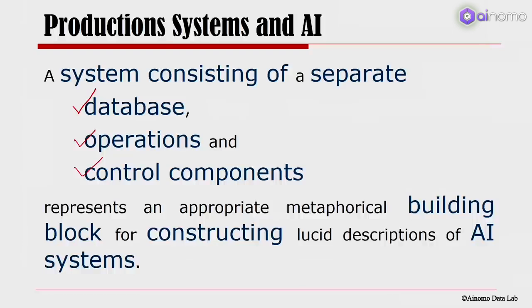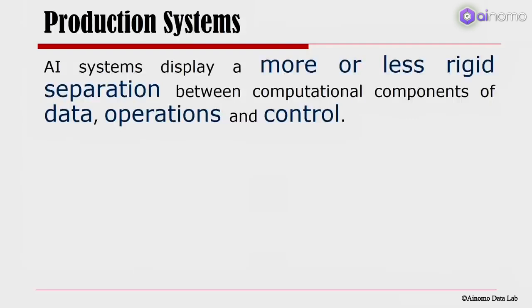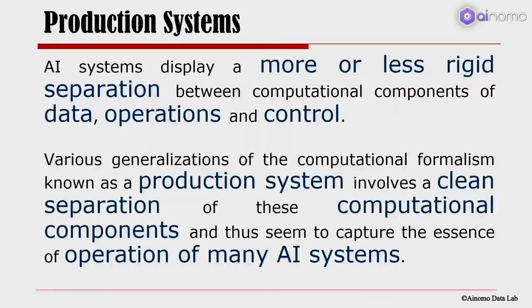A production system consists of these three elements: database, operations and control components. Most AI systems display a more or less rigid separation between the computational components of data, operations and control. Various generalizations of the computational formalism I have highlighted, production systems, involve a clean separation of these components, and they seem to capture the essence of the operation of many AI systems.